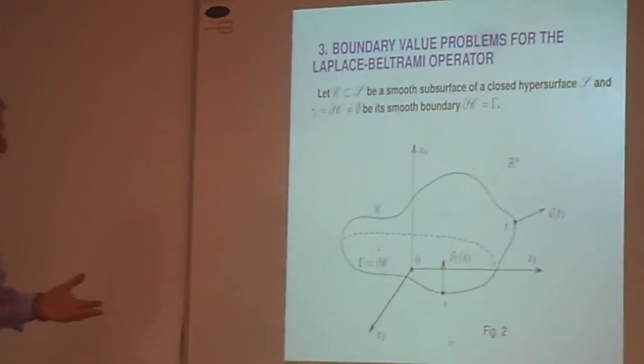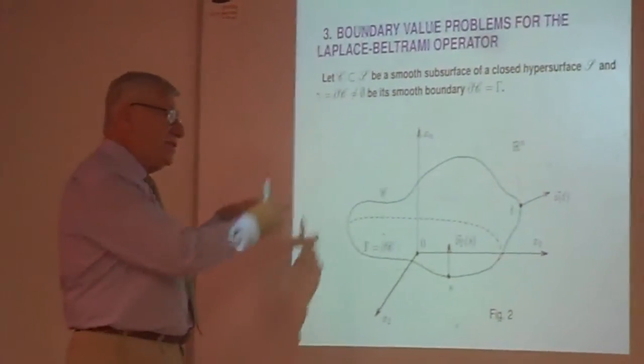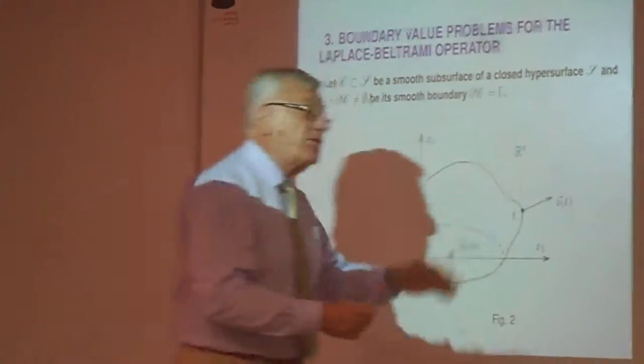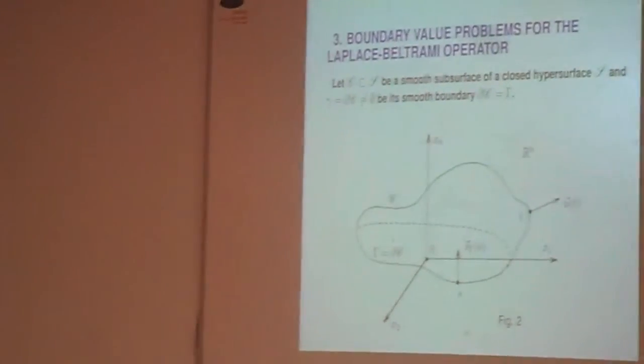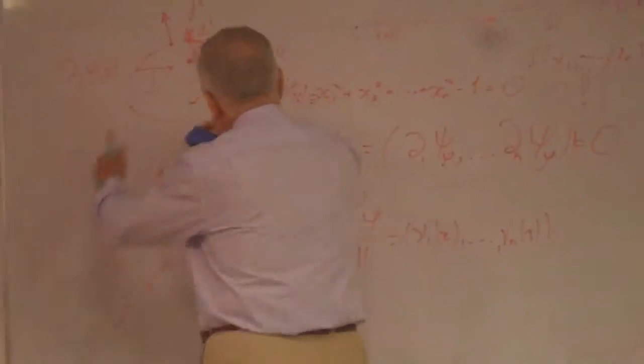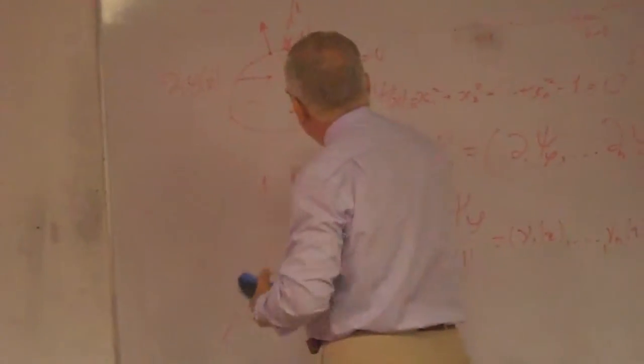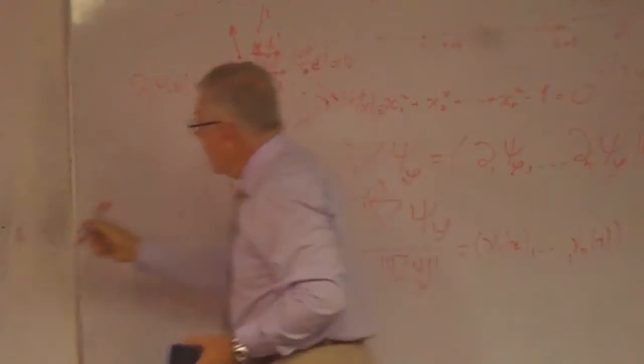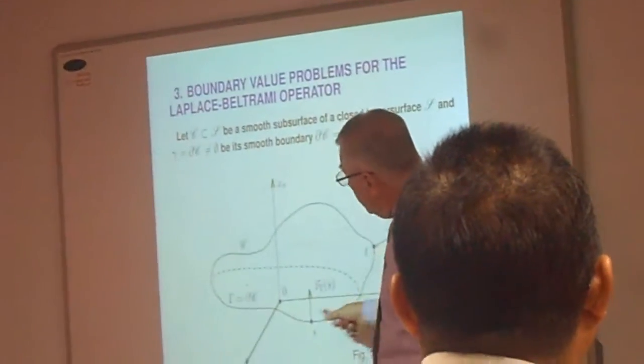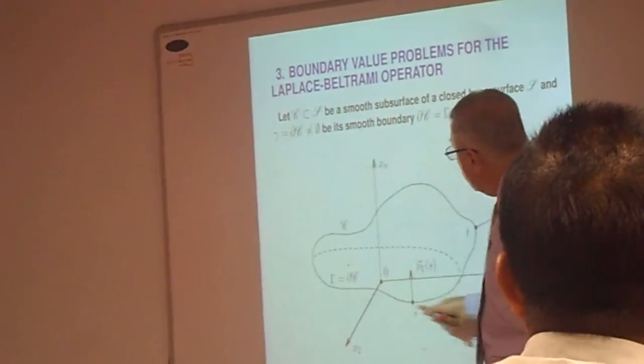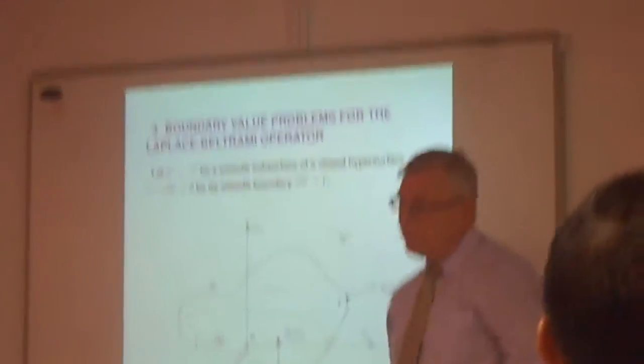Boundary value problems. What we have now is an open surface, a part of the surface. If you erase one part of the surface, you will get an open surface. Yes. This is now the boundary, gamma, and you have the surface. You have some surface, and this is the boundary of the surface.